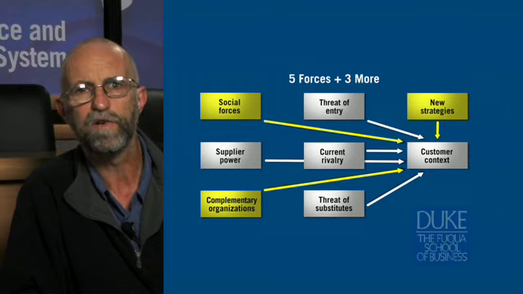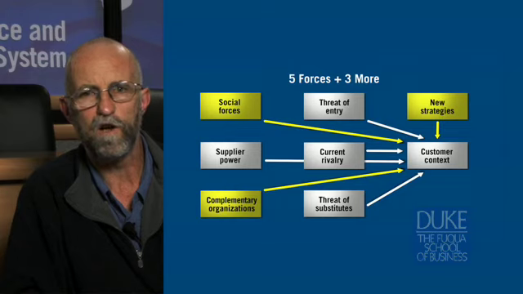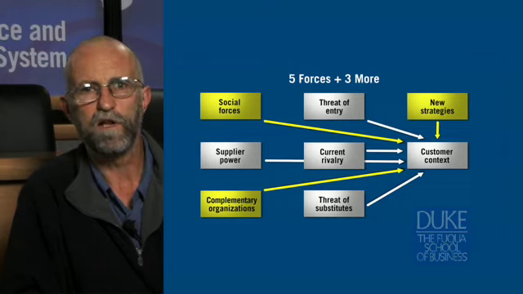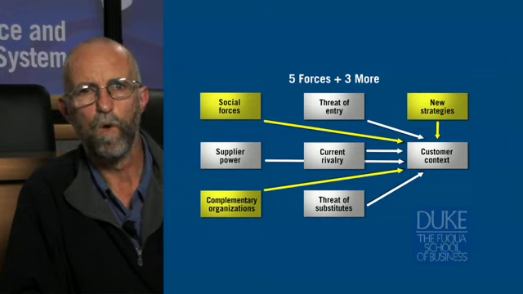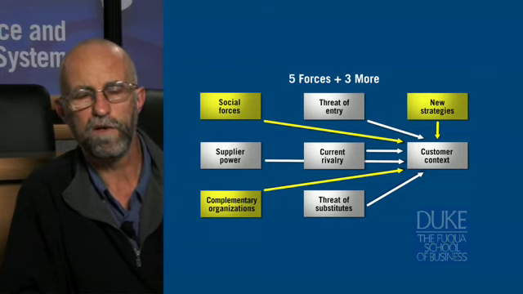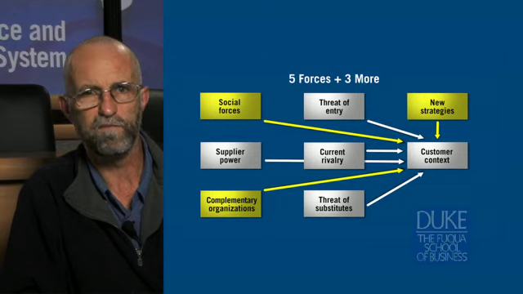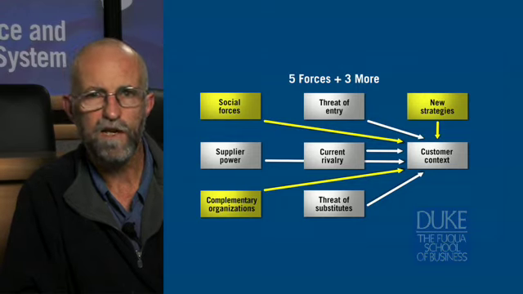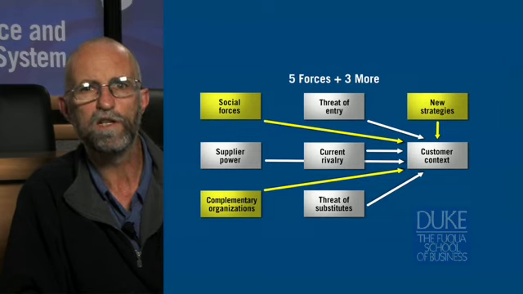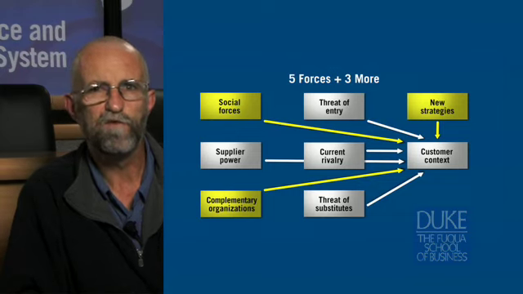If you're in the tobacco industry, understanding people's views on tobacco and smoking is critically important. If you're in the alcohol industry, understanding when people believe it's appropriate to drink, and when it's not, has a major influence on your ability to operate successfully in that industry. So again, you need to understand changes in laws, the formal regulations, but also the informal social norms that are influencing your industry.